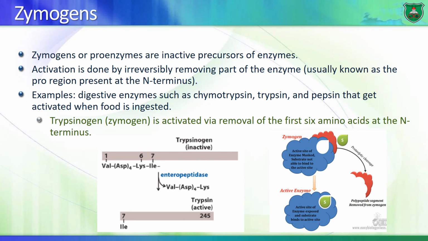So why is it that they exist as zymogens? Whenever we eat, the signal gets to the pancreas to release these zymogens into the intestines. By the time food reaches the intestines, these enzymes become active.